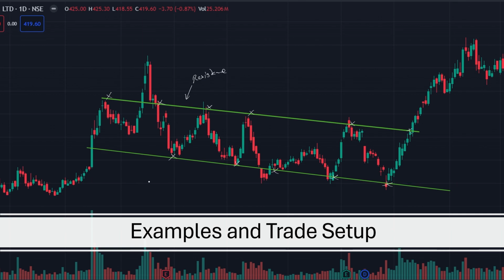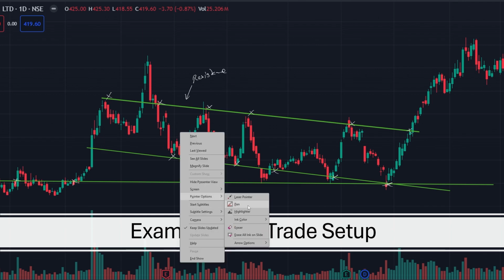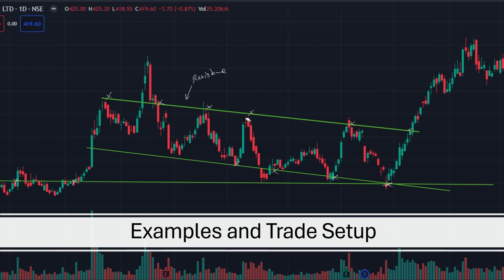Now we have one more pattern being created, or another support over here, support over here, and then again a support over here. Now whenever you see a resistance and a support, and then you see a pin bar, for example this one, let me clear this with the eraser.